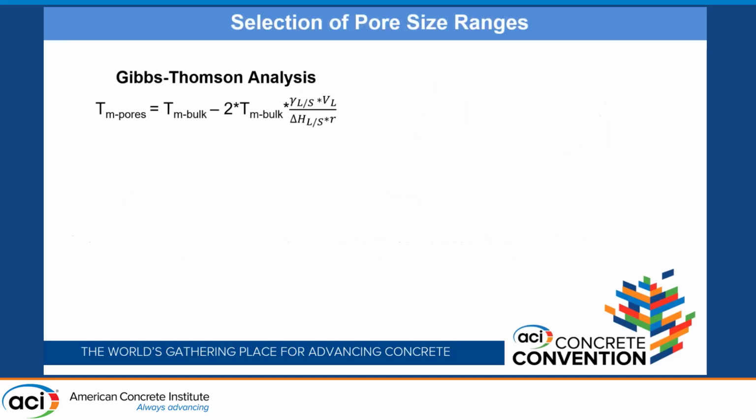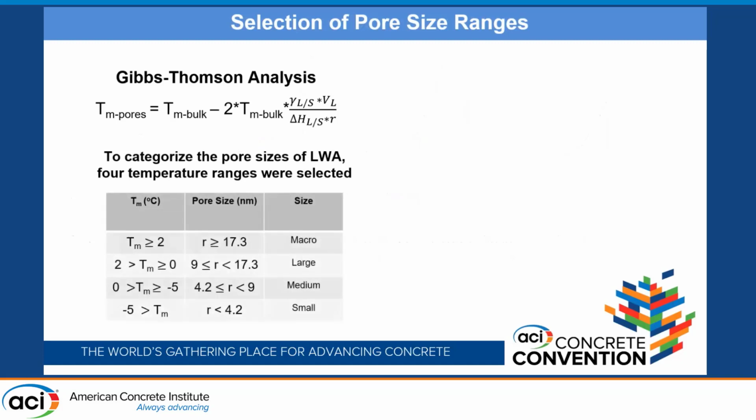And for that reason, we are using the Gibbs-Thomson analysis equation. Using the characteristics of the PCM liquid that we had in our lab, we selected the temperature ranges and also characterized the pore sizes. So for the macro size, which is greater than 17.3 nanometers, the temperature change would be greater than 2 degrees Celsius.